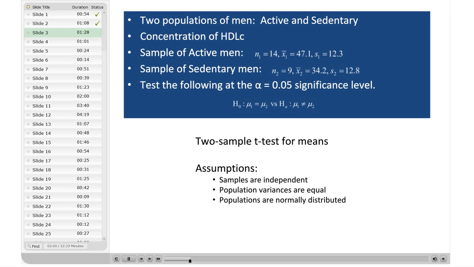Just eyeballing it in this problem, you see that we have a sample standard deviation of 12.3 and a sample standard deviation of 12.8. So it seems pretty safe to assume that our population standard deviations are equal in this case. Finally, in order for this t-test to work, our populations need to be normally distributed. So that's another assumption that's required in order to do this type of problem.